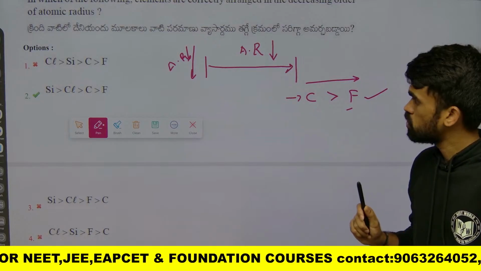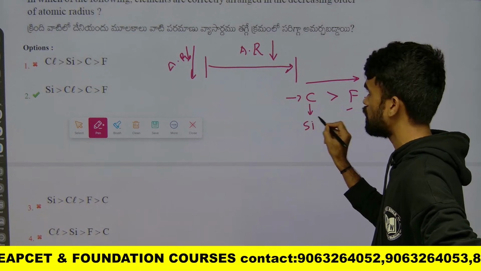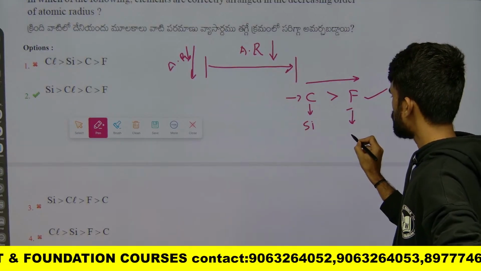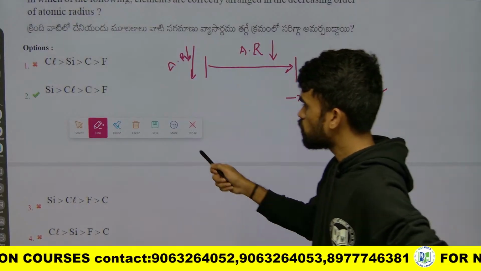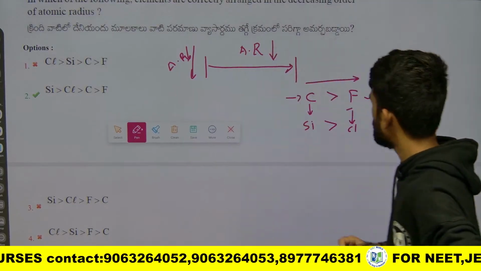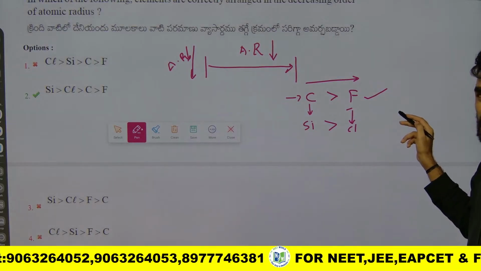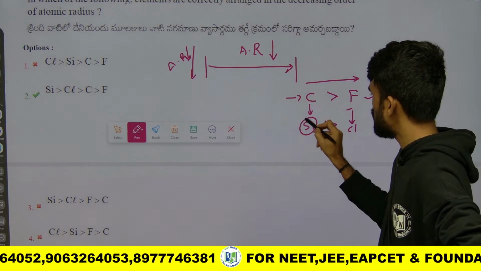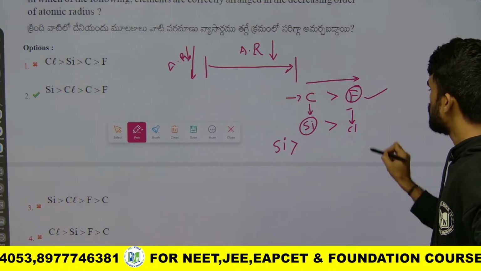Next, we have silicon and chlorine. Here also silicon will have the larger size. Down the group, size increases; along the period, size decreases. So silicon should have the largest size, and fluorine should have the least size.